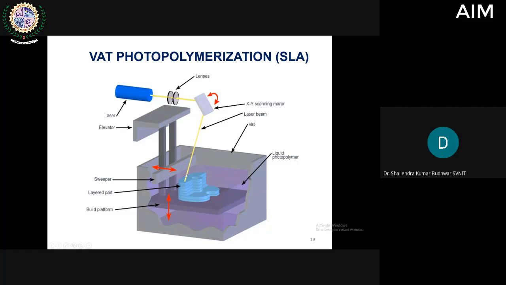After curing of a single layer, the SLA elevator platform descends by a distance equal to the thickness of one layer. This thickness is very small, typically 0.05 millimeter to 0.15 millimeter.